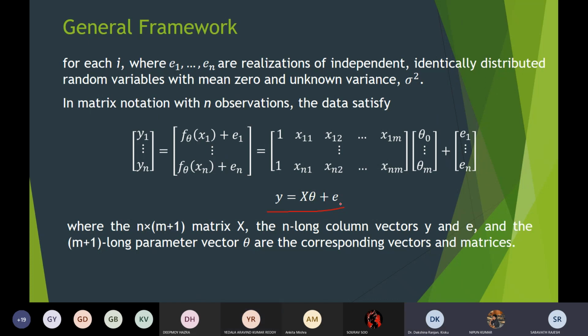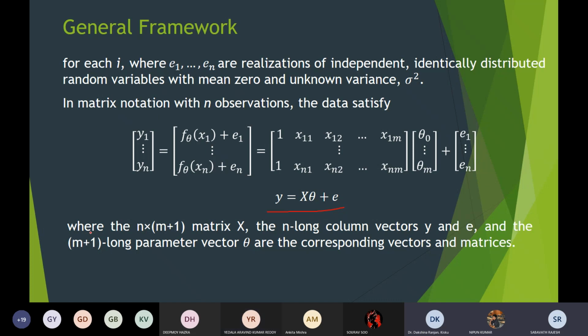This e is added to this component so that we can determine the loss function, or compute the error generated from the regression model.